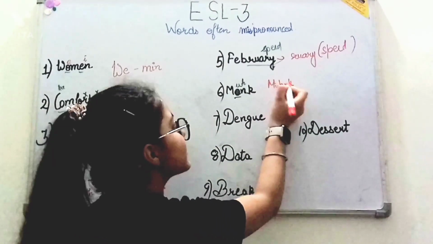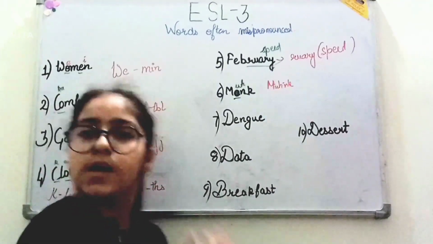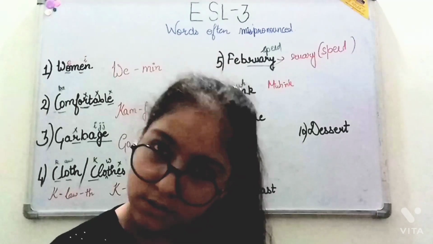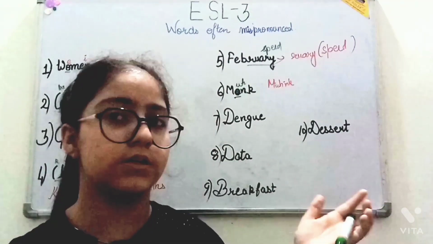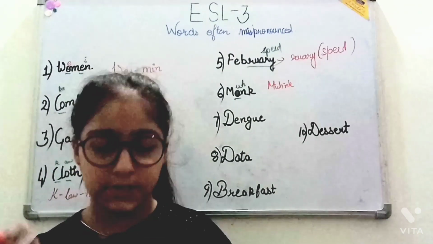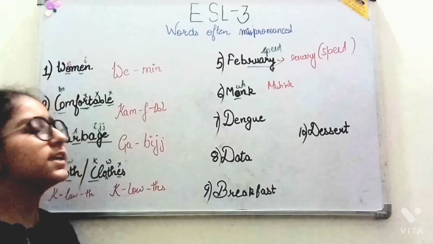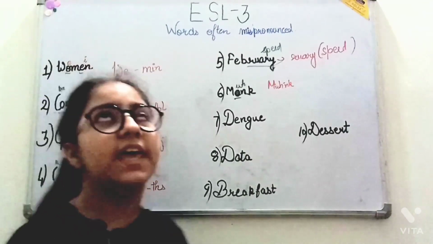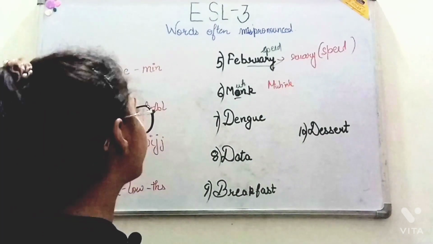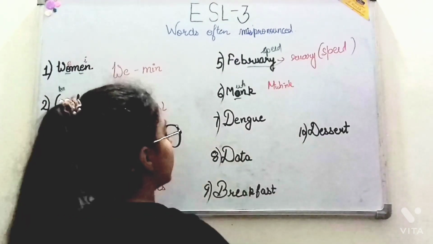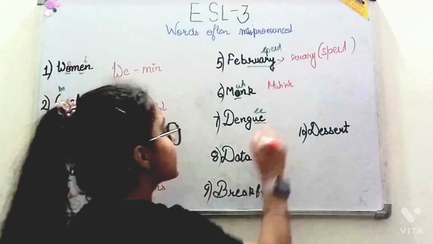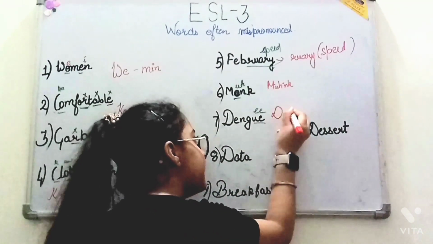Let me tell you where the pause is after this one. Monk, monk, right? Then this is the disease caused by mosquitoes, and we pronounce it as dengue. That's incorrect. It is pronounced with a double E instead of UE. So it's dengue.